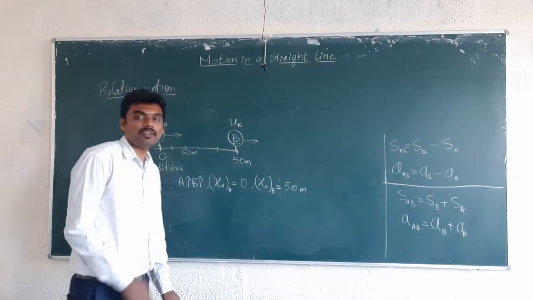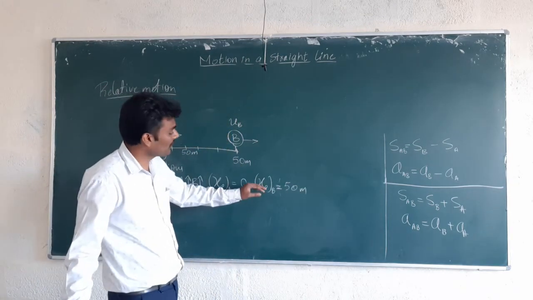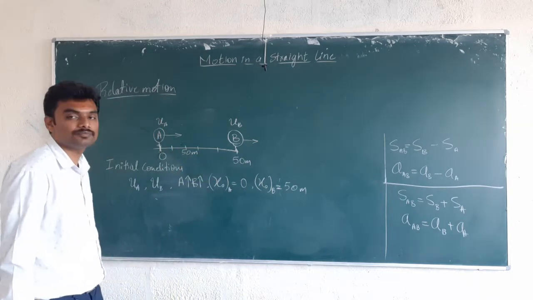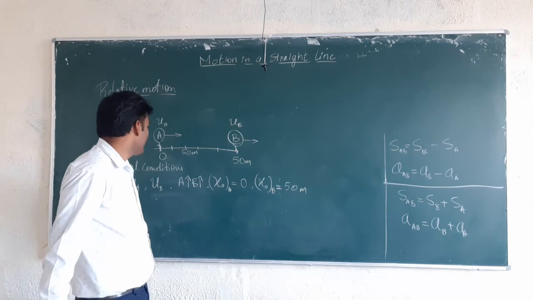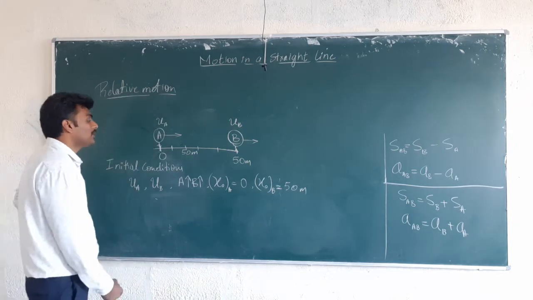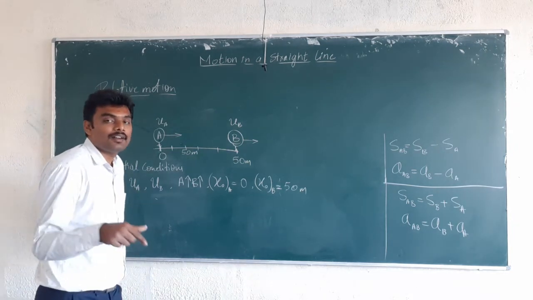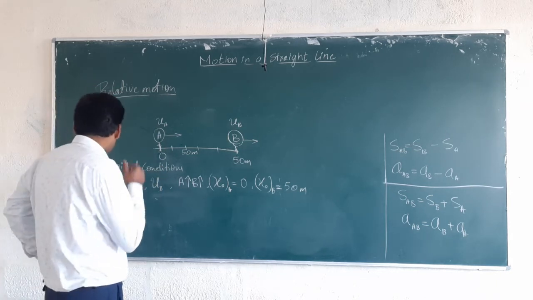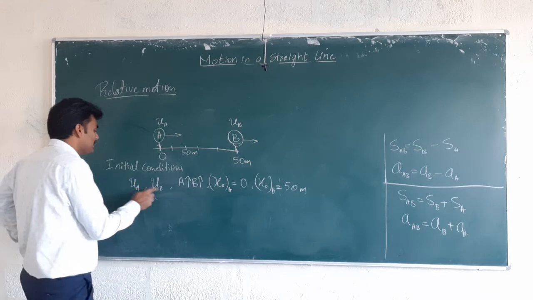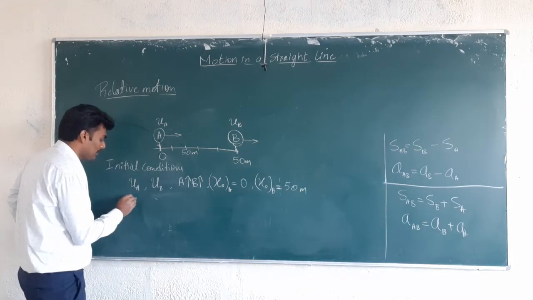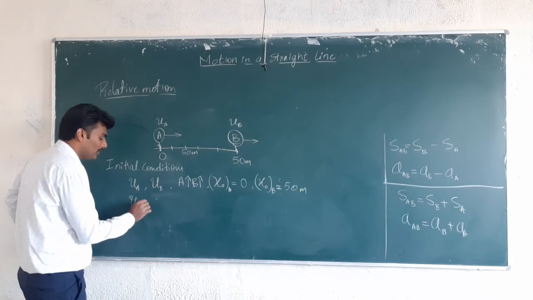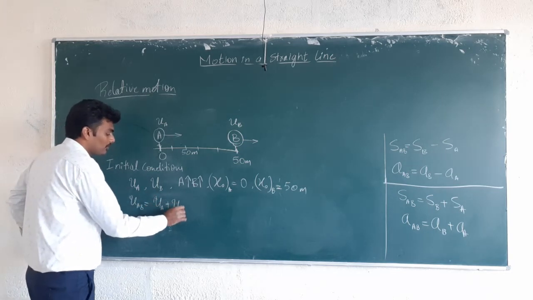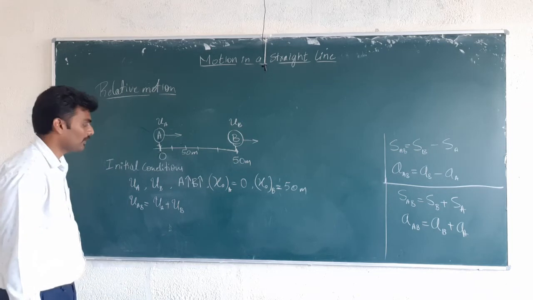Okay. If not given, generally we take it as x naught B directly, and this will be x naught A, which is 0. Okay. Now, coming to the initial relative conditions, initial relative velocity UAB will be UA plus UB, right?